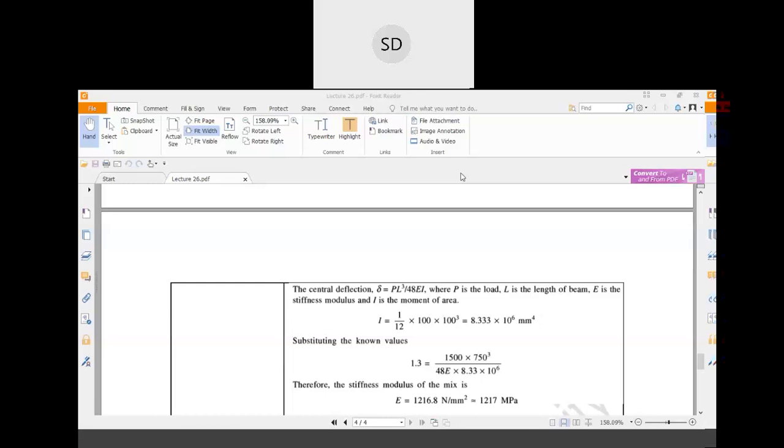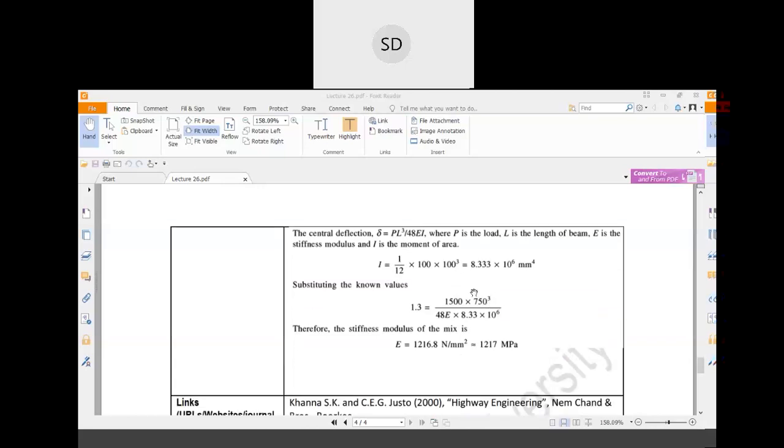So first you have to calculate what is the I, and the formula of I is 1 by 12 into BD cube. Okay, BD cube by 12, that is the formula for I. So I would be 1 by 12 into B is 100, that is the width of the section, and depth is also 100. So 100 cube, so you will get an I value of 8.33 into 10 to the power 6 millimeter to the power 4.